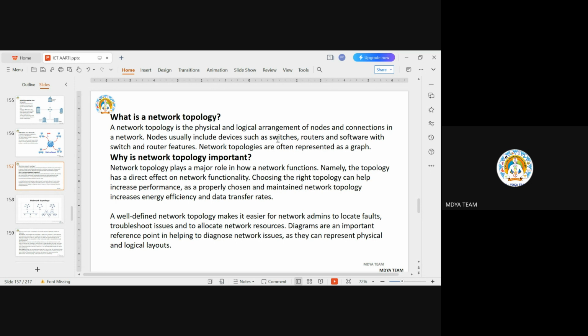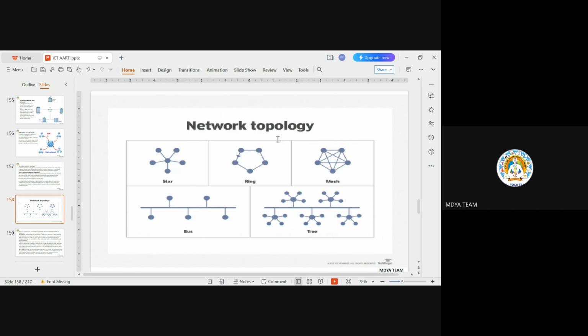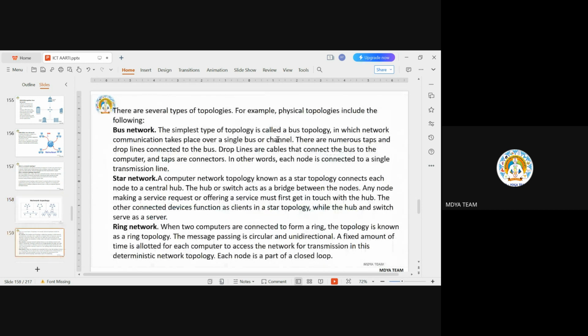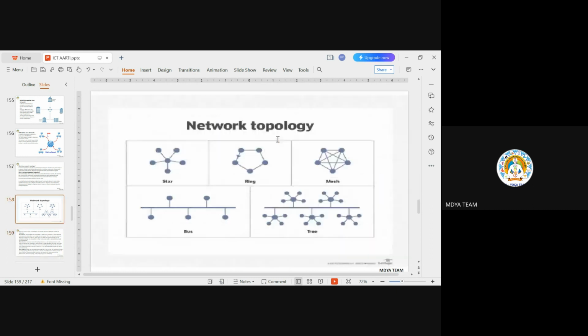There are the diagrams we will discuss. These are the diagrams of the network topology. We will discuss what a bus topology is. As you see in the diagram, this is a diagram of the bus topology. The PCs are connected, or it can be a printer or a scanner. Not only PCs; in topologies we can connect any device.